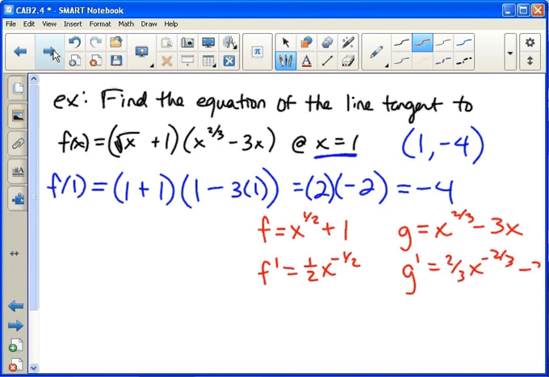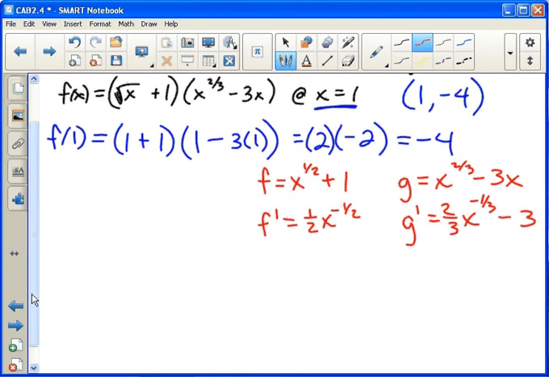Oh, sorry, back up. That would be 2/3 x to the negative 1/3 minus 3. Make sure you subtract 1 correctly when you do it. And then we need to do f prime times g, plus f times g prime.